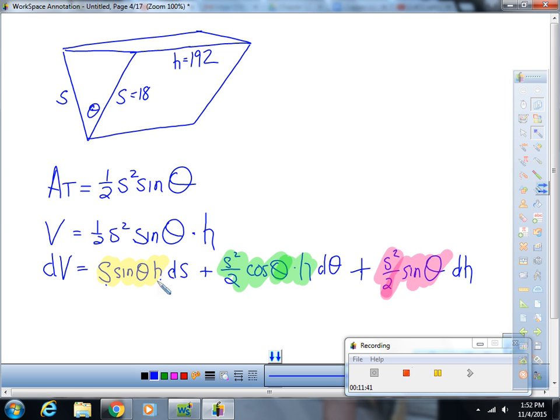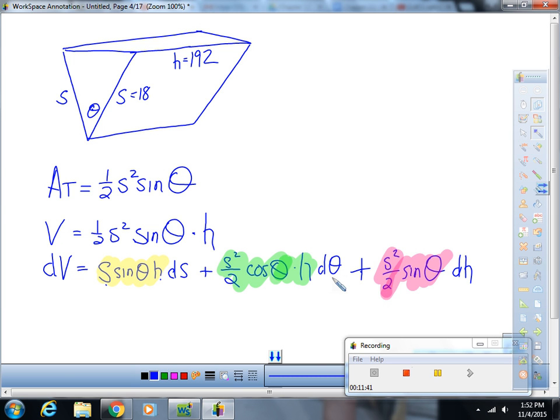It says the change from the maximum volume, so theta is pi over 2. Okay, ds is 1/2. D theta is, oh, it says 2 degrees. So let's go back and make that 90 and make that 2.